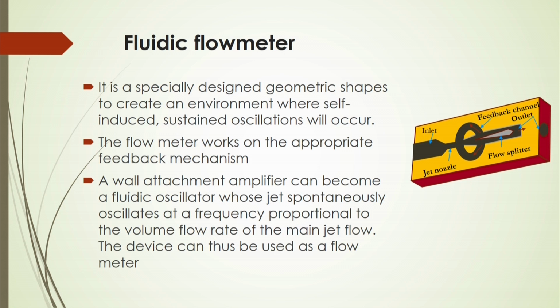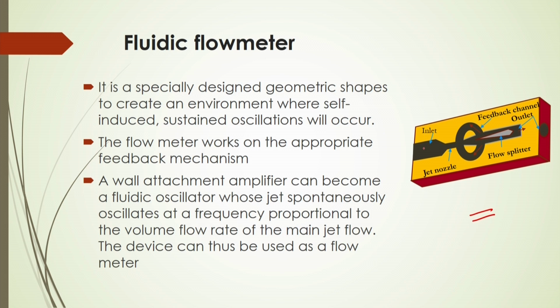It is specially designed, based on geometric shapes, to create an environment where self-induced sustained oscillations are generated. This type of flow meter, as shown in the figure here, works on an appropriate feedback mechanism.